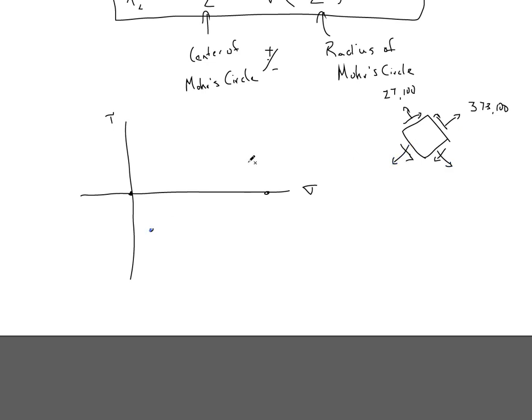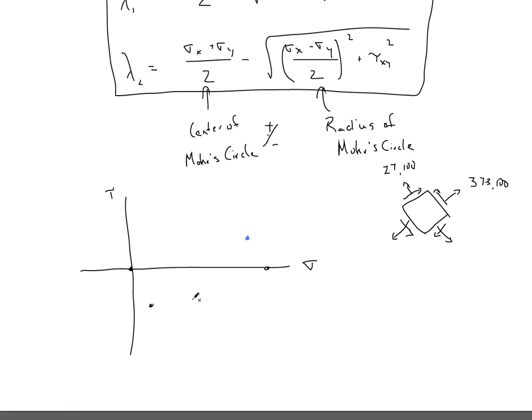Draw those 2 points. The center of my circle ends up being right there, and then plus or minus the radius. There's the radius to get out to those points, but plus or minus the radius would just be right there or right there.